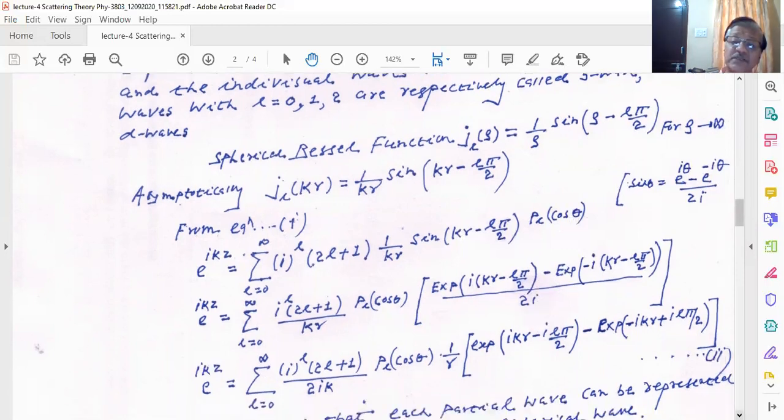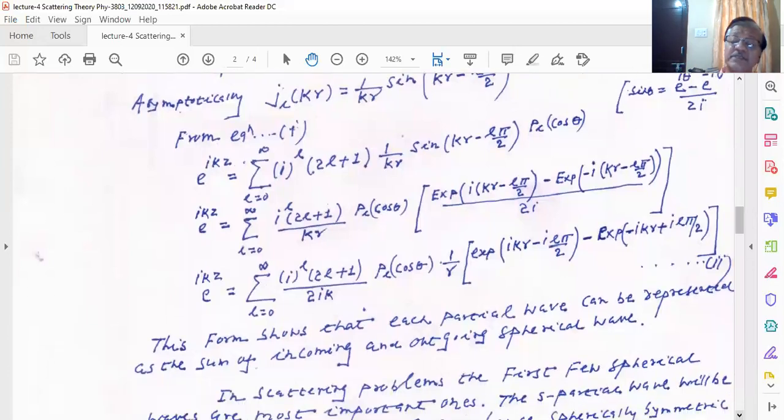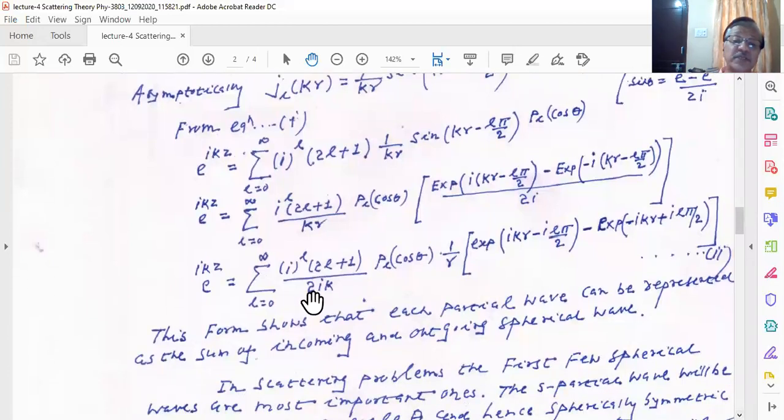Now let us try to interpret this expression. You see this term is e to the power of plus ikr minus i L pi by 2. The other term is exponential of minus ikr plus i L pi by 2.